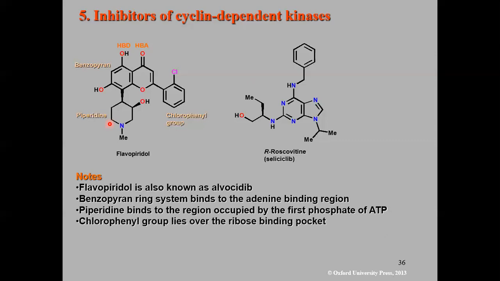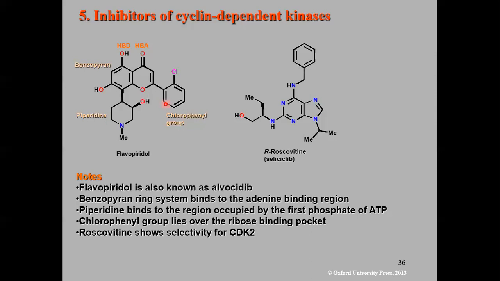The chlorophenyl group, on the other hand, lies over the ribose binding pocket. So this one is going to go deep in the enzyme, this one is going to go near the cleft, and the chlorophenyl at the ribose binding pocket.